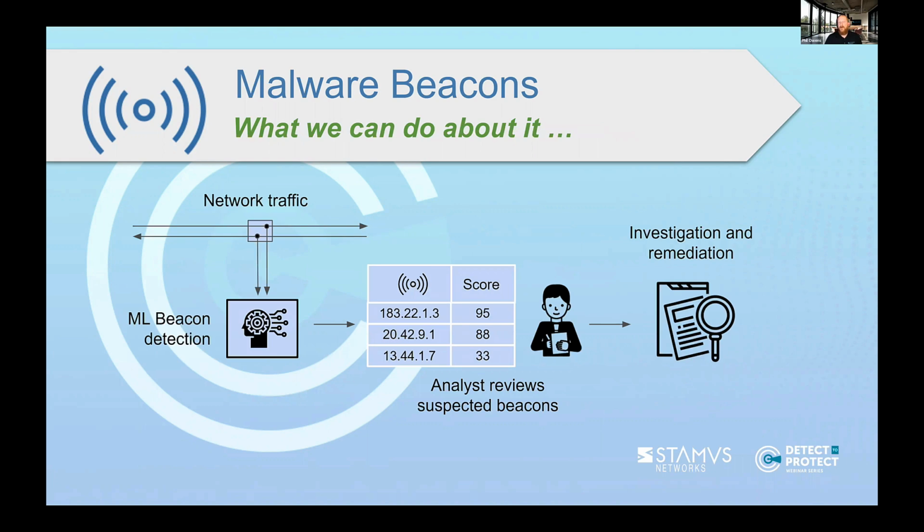The key here is to apply machine learning algorithms to identify suspected C2 beacons. Early detection is critical to thwart an attack. A machine learning-based detection system generates a confidence score, and that helps the security teams quickly assess the likelihood that a communication is a malware beacon based on several behavioral factors.